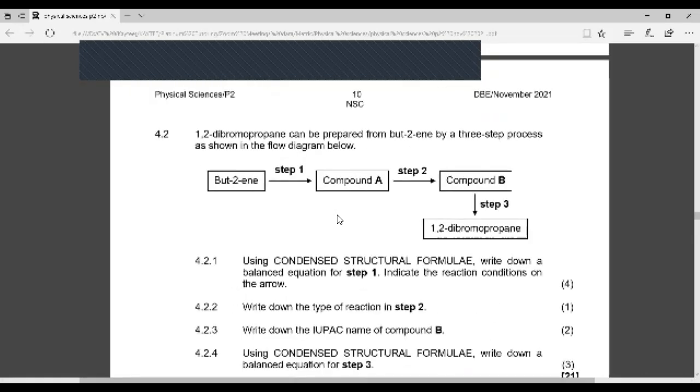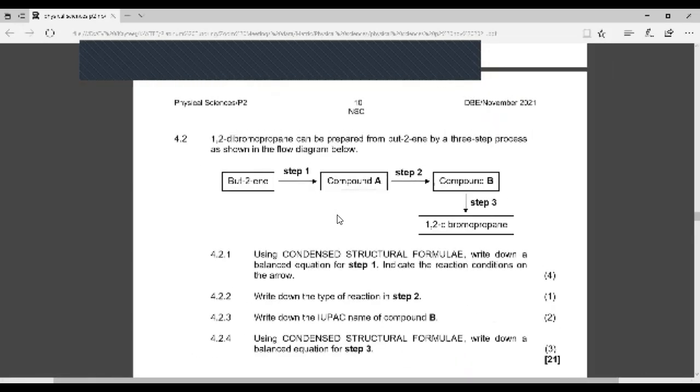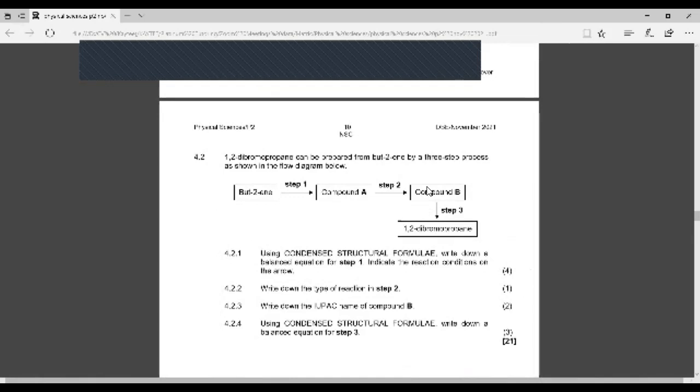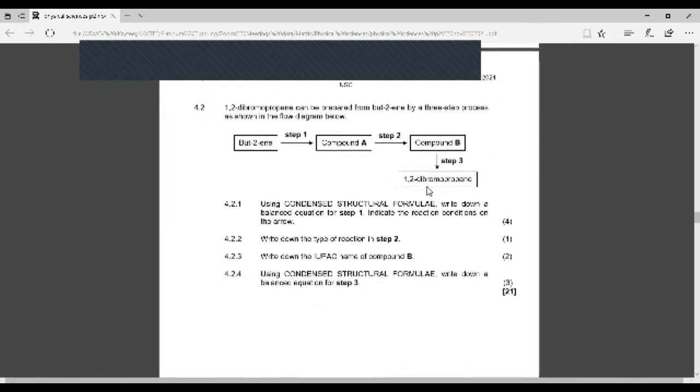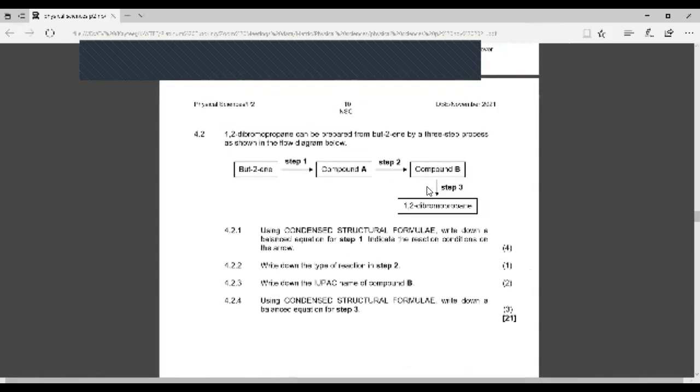Remember, I'm just trying to apply the reactions here. That's all I'm doing. I'm not even thinking hard on this, because this is not part of it. Go ahead and think hard on it. The IUPAC name for compound B, go and think hard on it. Ask yourself, why does it become dibromo and then propane all of a sudden, from butene? What happened to the other carbon?